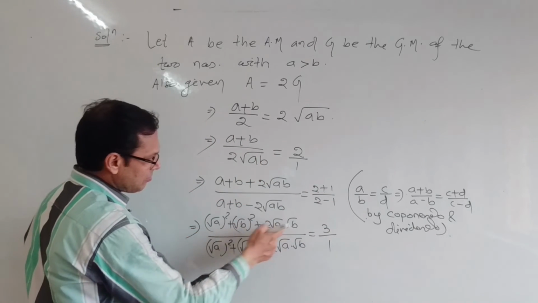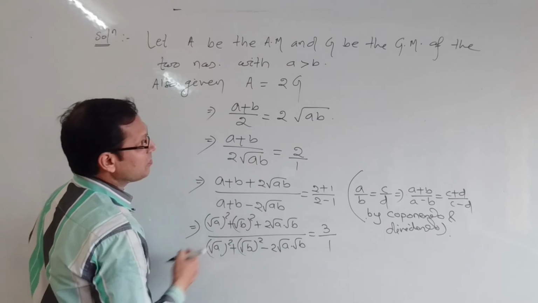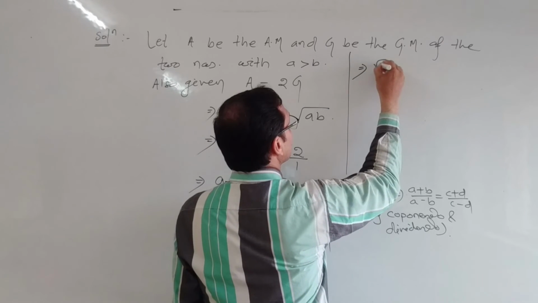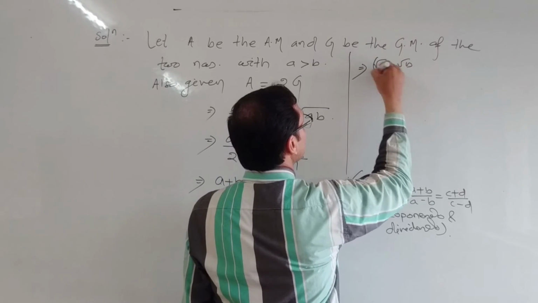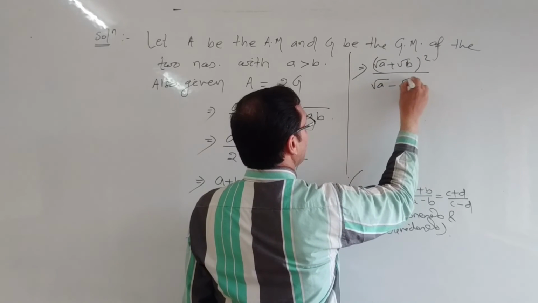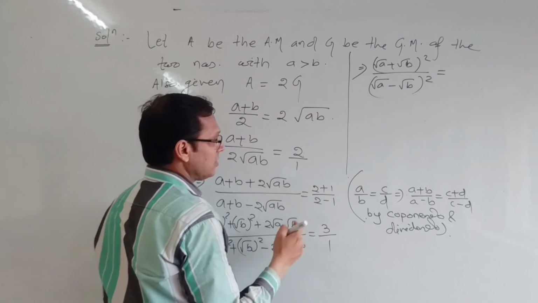See, this one is numerator, one is (root a plus root b) whole square by (root a minus root b) whole square. That implies (root a plus root b) whole square by (root a minus root b) whole square is equal to how much? That is 3 by 1.